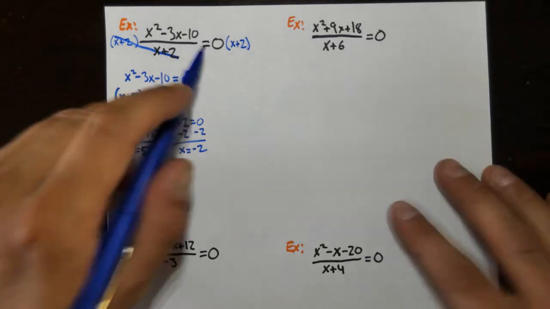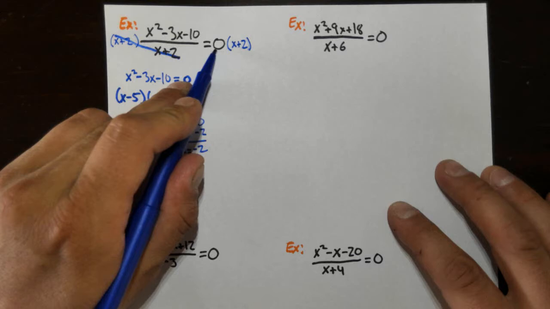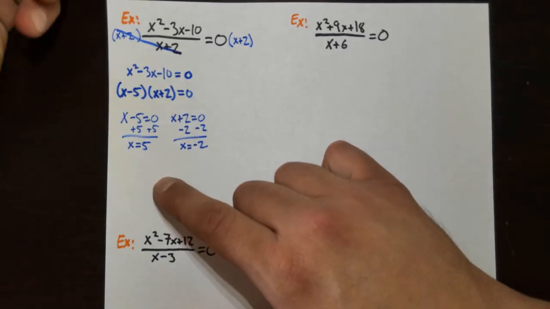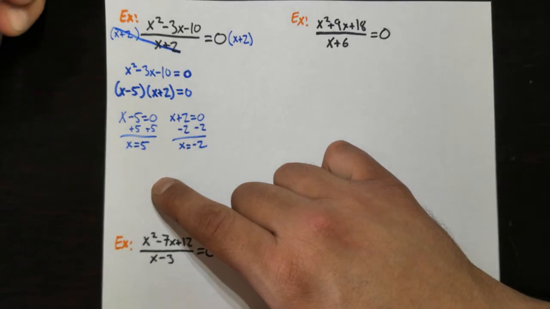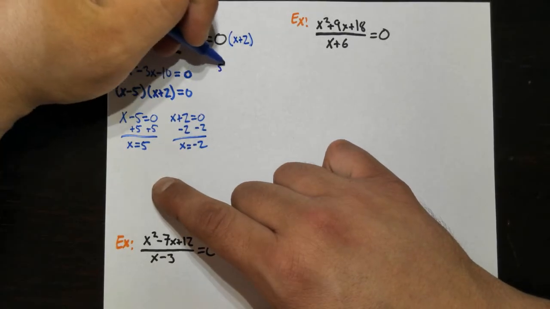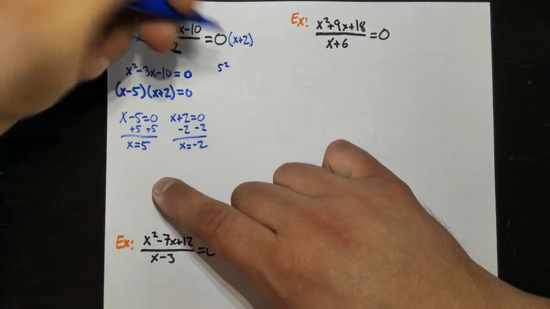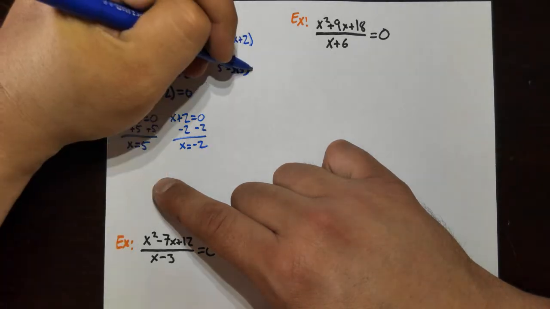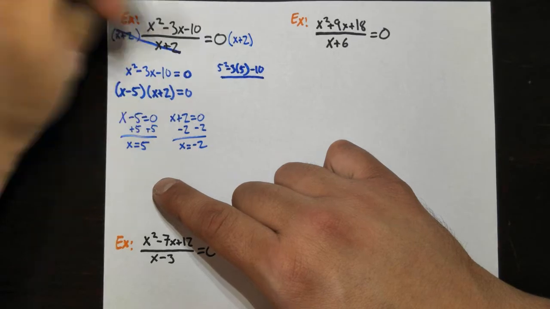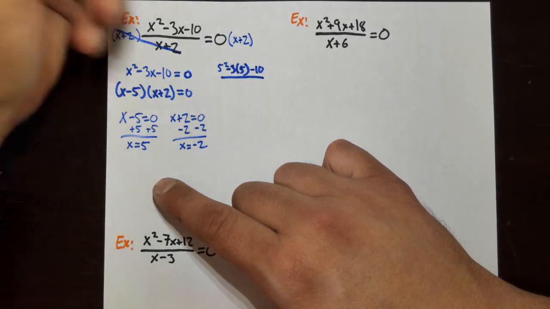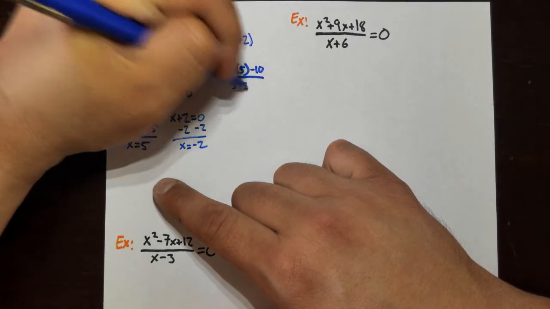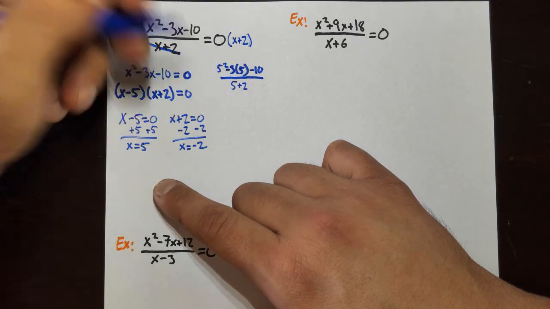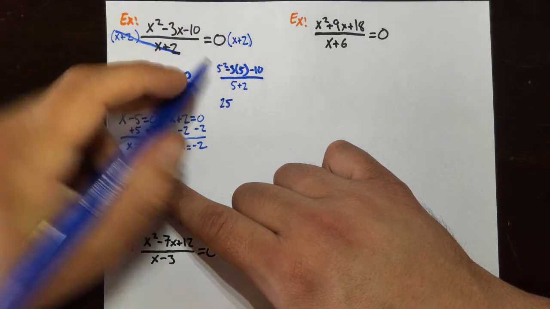So make sure that after we plug it in, we get 0. So let's start with 5. By plugging in, we're going to get 5 squared minus 3 times 5 minus 10 over 5 plus 2. Well, simplifying that, 5 squared is 25.